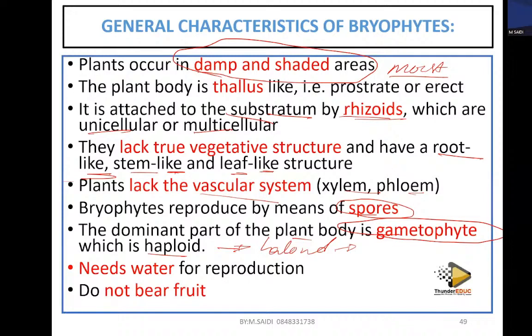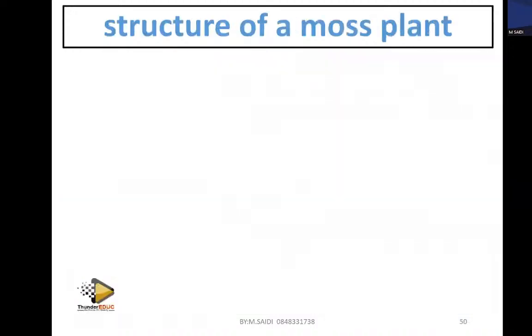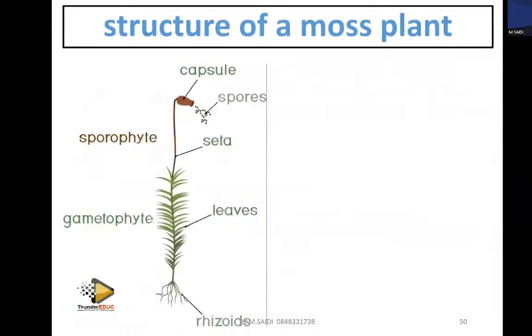All right, let's look at the structure of a moss, because we usually ask you that. How does a moss look? A moss has different parts. Rhizoids, what we call roots. Don't call them roots, we call them rhizoids.